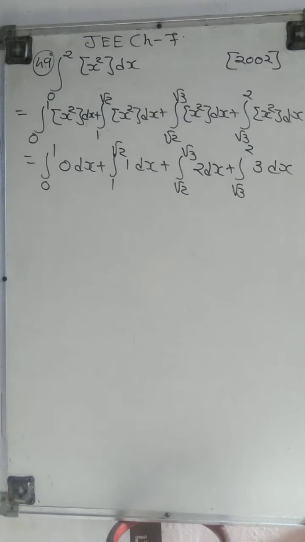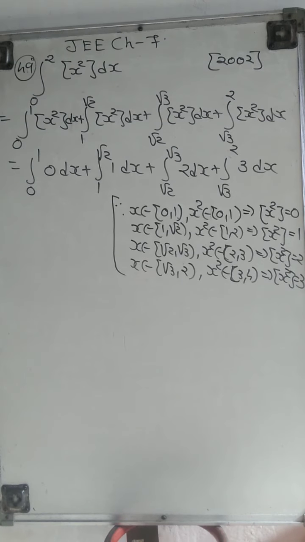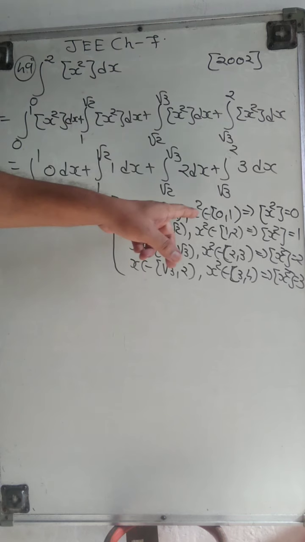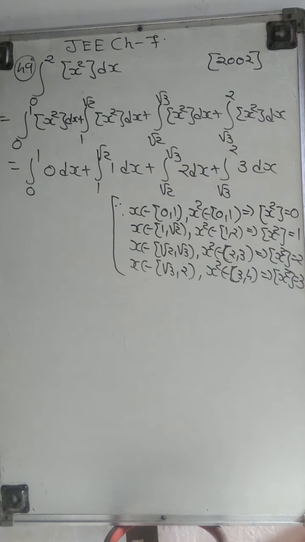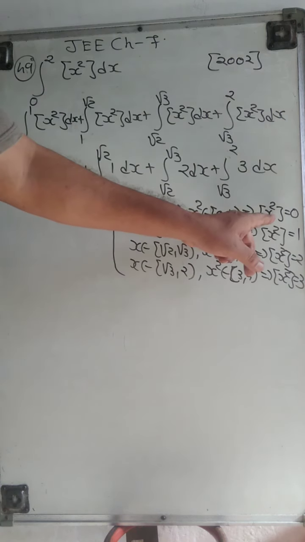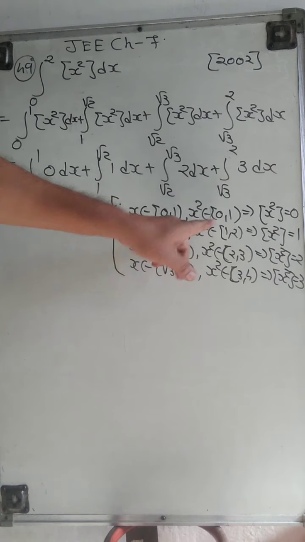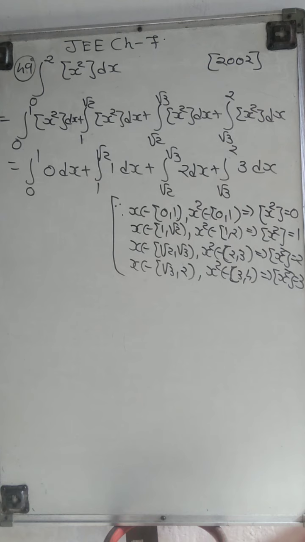Right? So first of all, how can we put this? Let us explain it. When we take the first interval, x belongs to 0 to 1, one thing you remember: when x belongs to 0 to 1, x² belongs to 0 to 1, and the box of x² is equal to 0, because the least integer not greater than x² is 0.